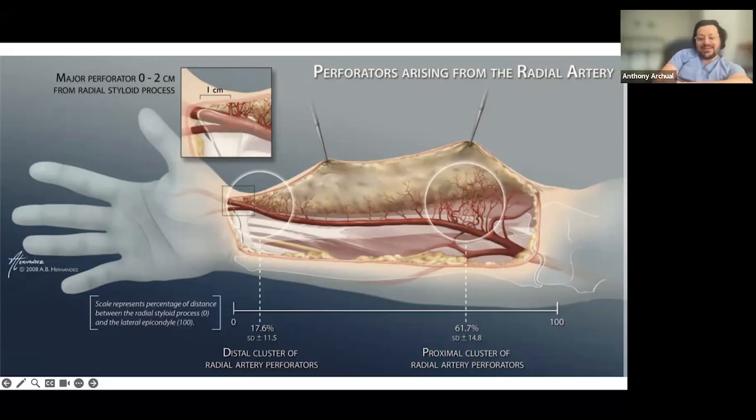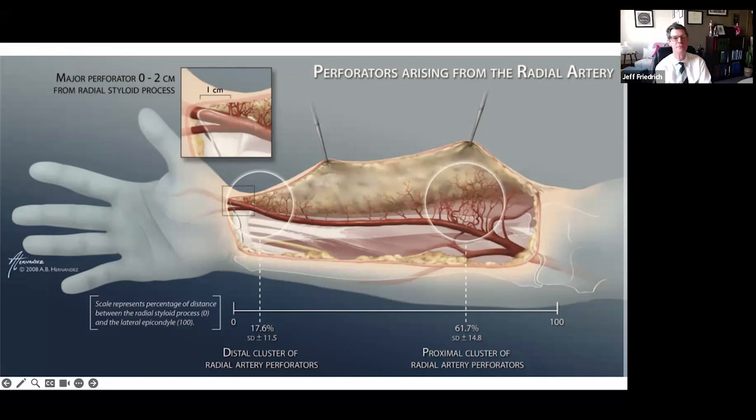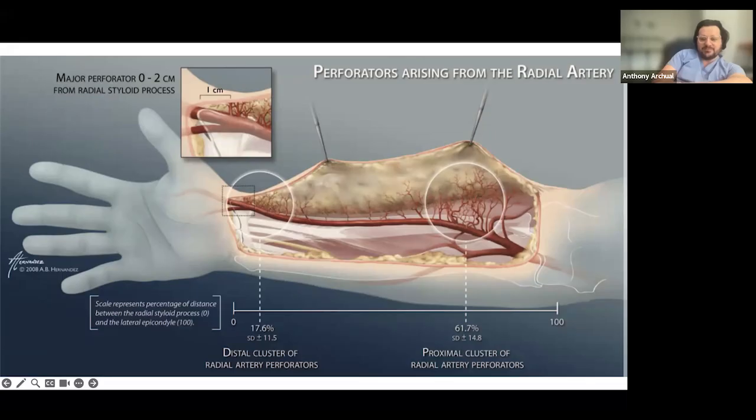But I like this study because I find it reassuring, really just how rich the vascularity can be in these two zones, and it's nice to know how reliable these areas of perforators are as long as you can respect a big enough area of them.